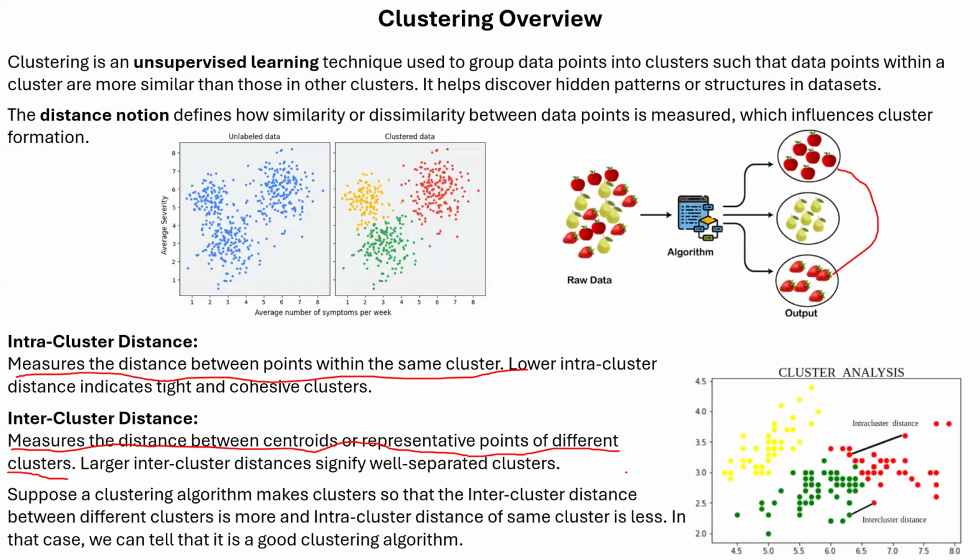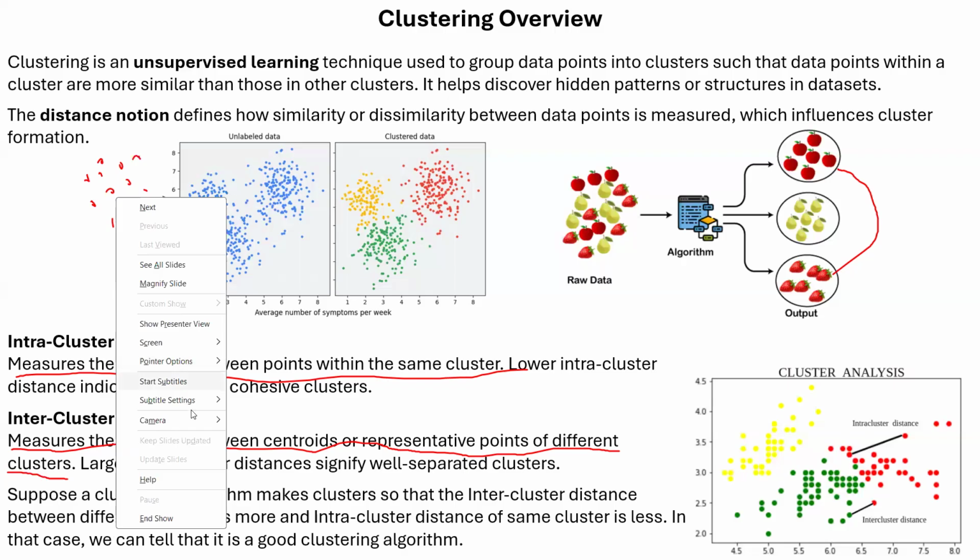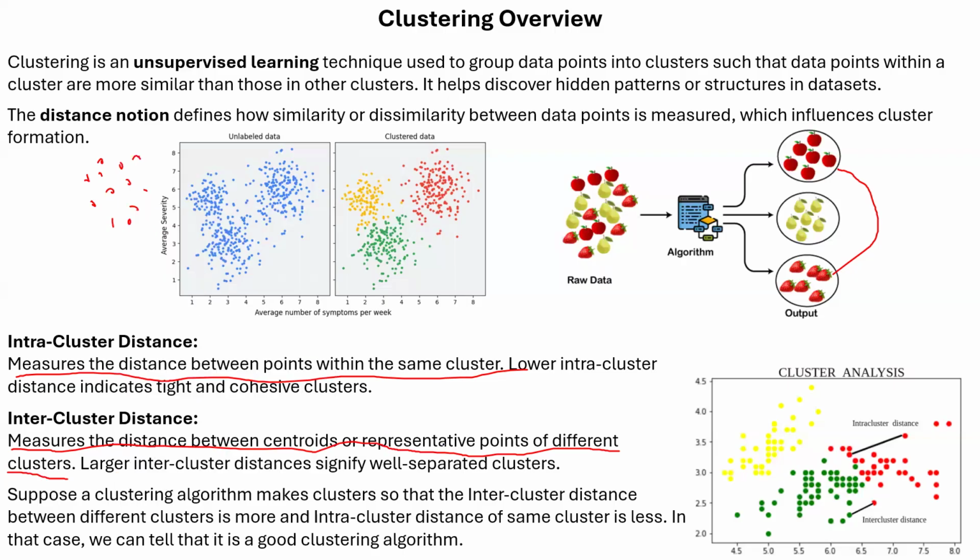So what happens if the distance between the points within the cluster is reduced and the distance between the points between the clusters is increased? The gap between the clusters will eventually increase, right? So you are given two different data sets. Okay, so let's suppose these are different points given to you belonging to one cluster. And let's take another cluster.